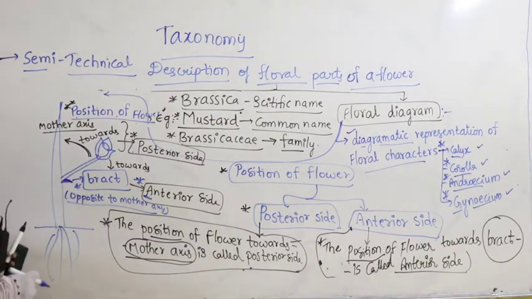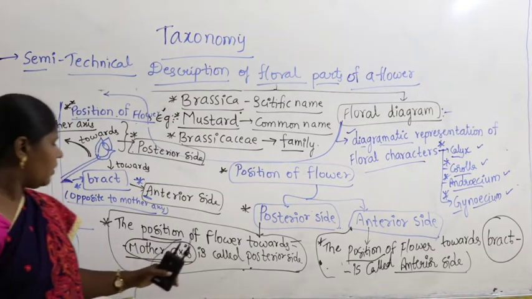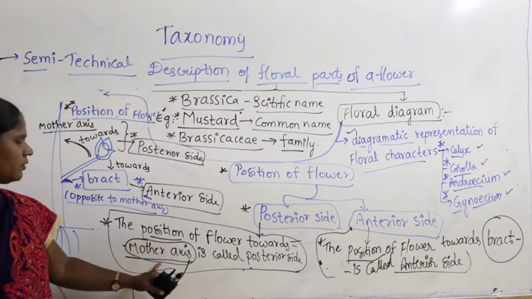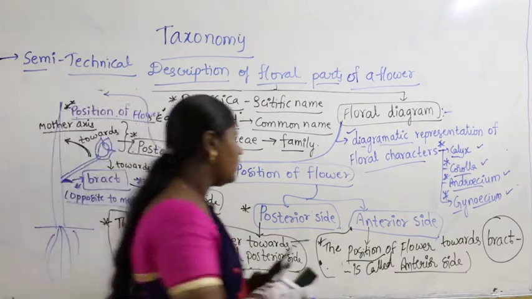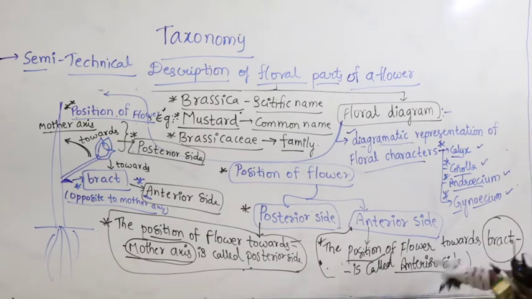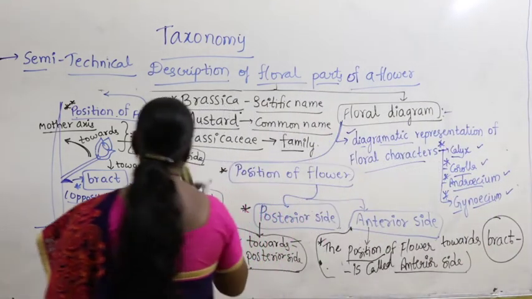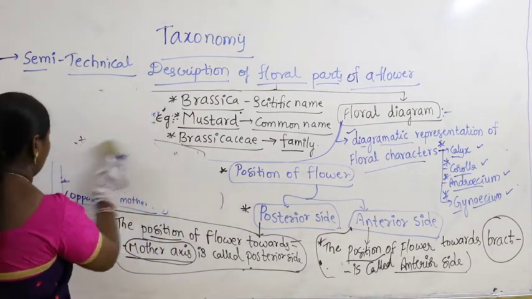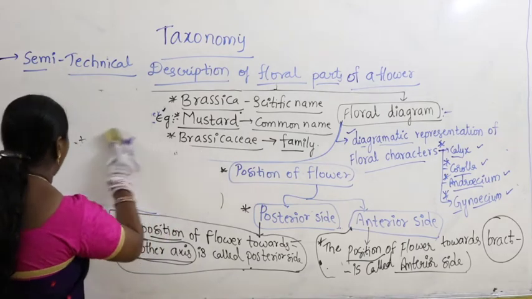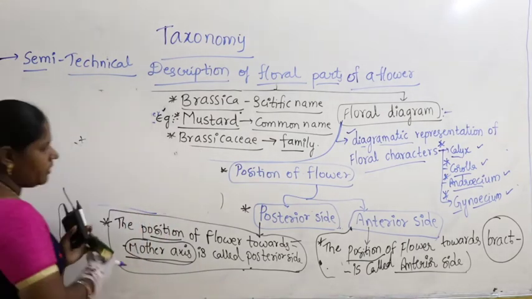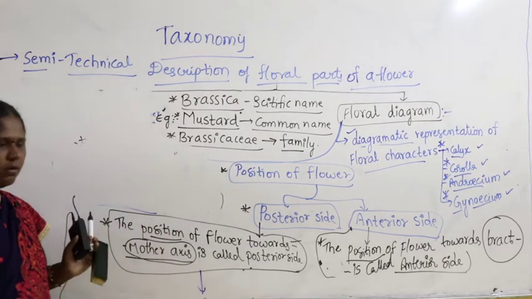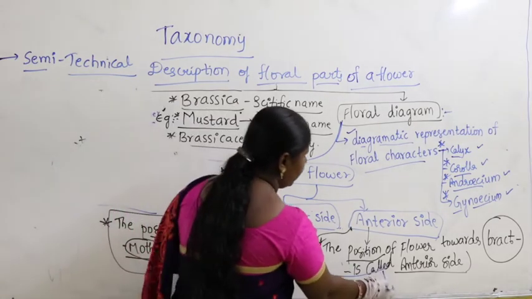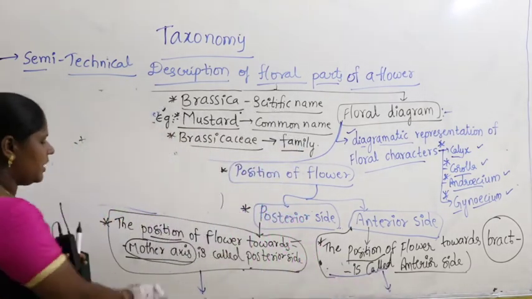That is what we have represented now. If you look at this, I think it is very clear. The position of the flower towards the mother axis is called the posterior side, and towards the bract is called the anterior side. Now how do we represent them? You need to go down writing, but there is no space here.